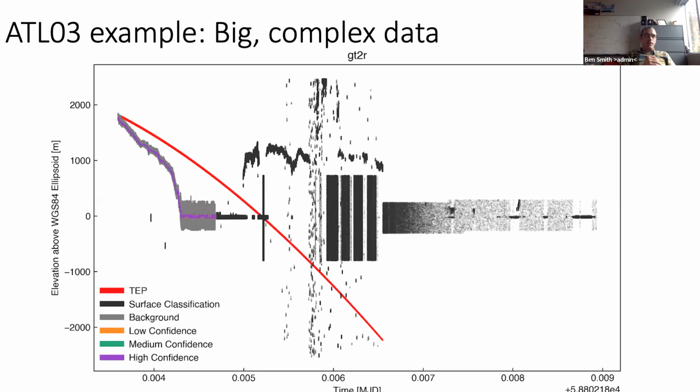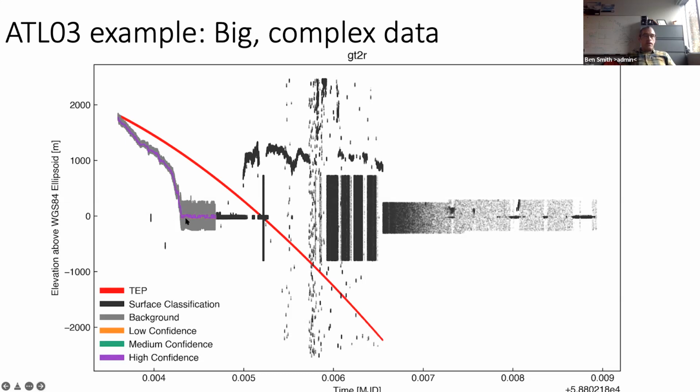This is an example of all the photons that are in ATL03. And actually some modifications have been made to avoid people having to look at all of these. So this shows a transect across the edge of Antarctica. The surface comes down here, and then we're out over the ocean beyond a certain point. This thing right here is an instrumental artifact. It's a calibration pulse that gets edited out of the data that most of you will look at.